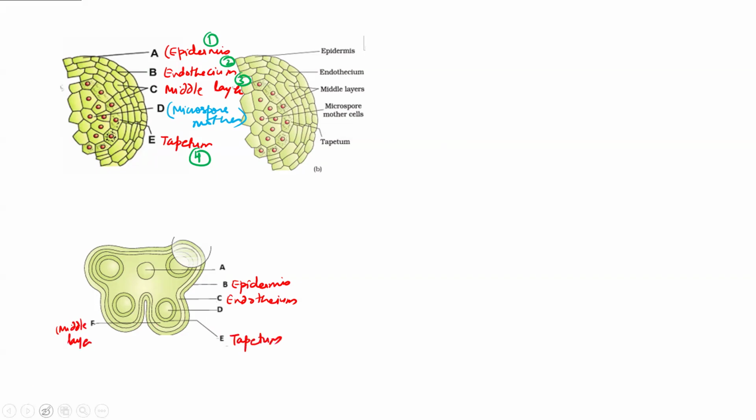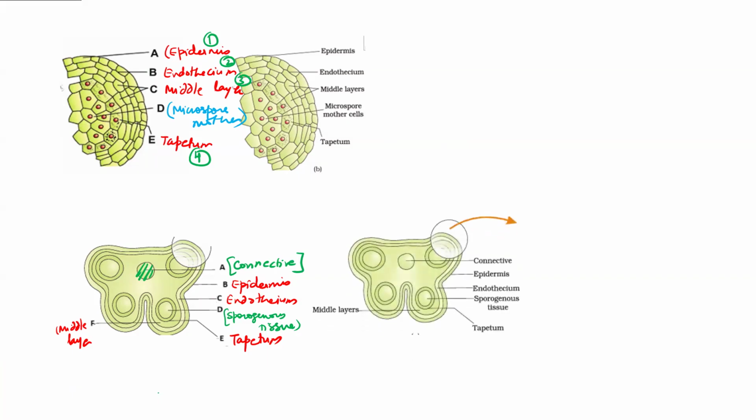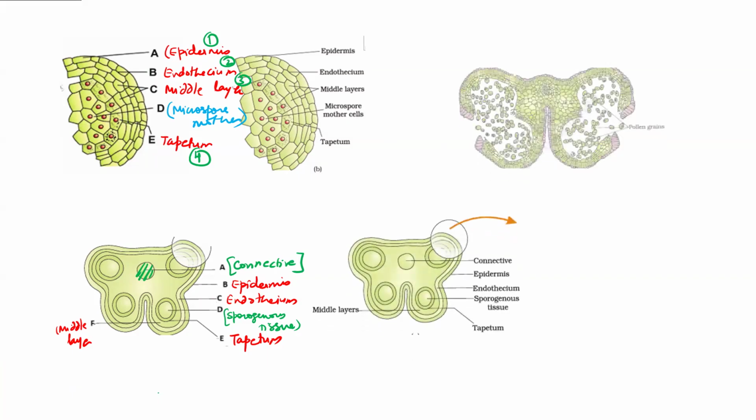Now, what are A and D, which are left out? D is the sporogenous tissue, which is going to become the microspore mother cell. And this part, A, is actually the connective. This is the only part which is sterile, and it has the xylem and phloem. Understood this diagram? Now see next.